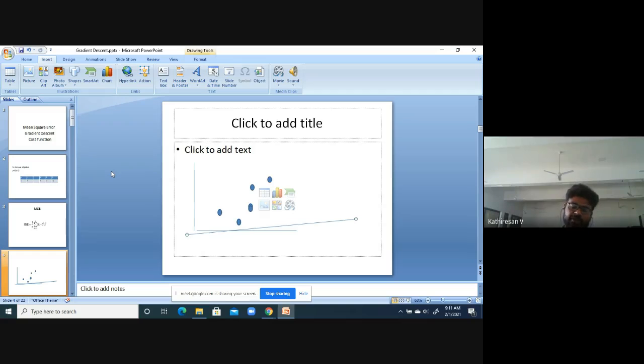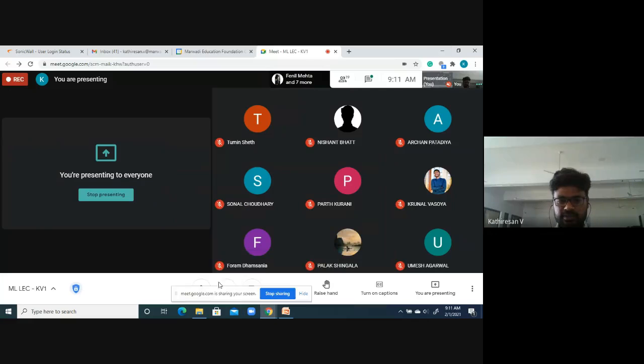So if the line is here, is the mean square error less or high? If the line is here, and the data points are residing here, then is the mean square error less or high? Anyone? Unmute yourself and give your answer.